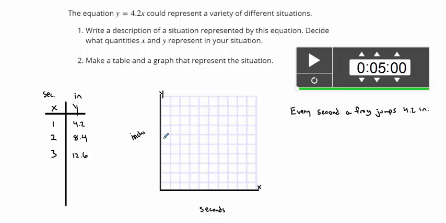Now, how am I going to decide what scale I'm going to use here? Am I going to go by ones, twos, what? Well, on my seconds, I have 1, 2, 3, so I could easily go 1, 2, 3, 4, 5, 6, 7. I'm going to do that. 1, 2, 3, 4, 5, 6, 7, 8, 9, 10. So on my y-axis, I need to go up to 12.6 at least.